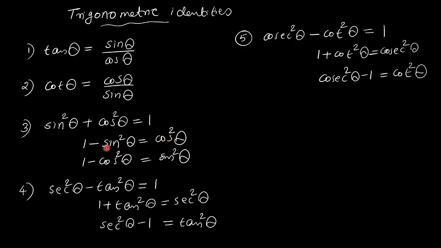In some questions, cos square is to be written as 1 minus sin square for simplification purposes. Sin square can likewise be written as 1 minus cos square.